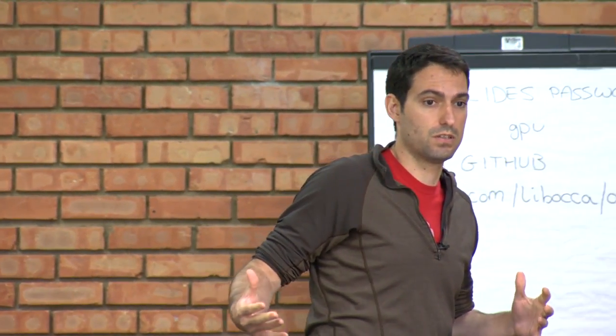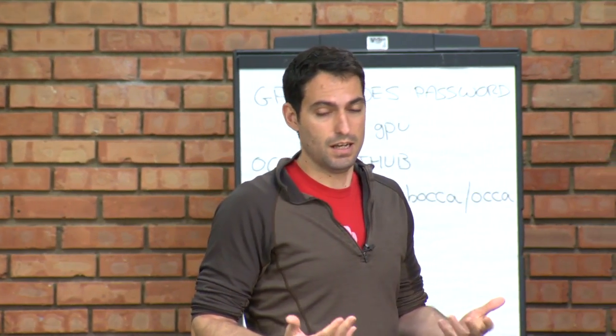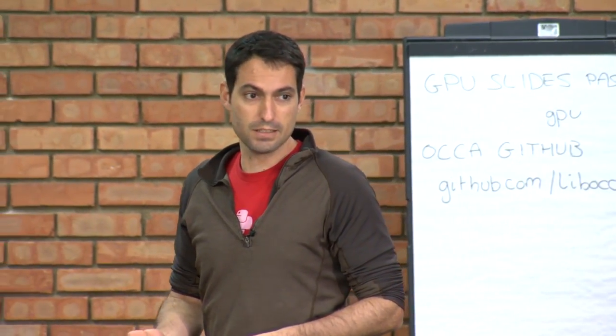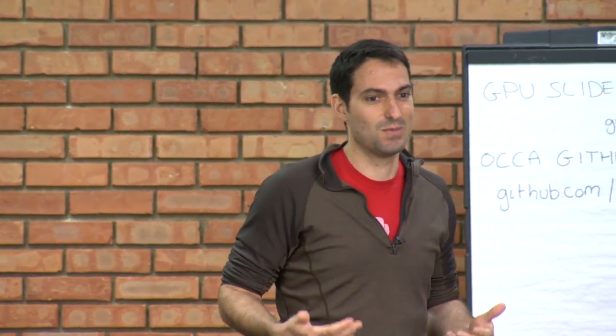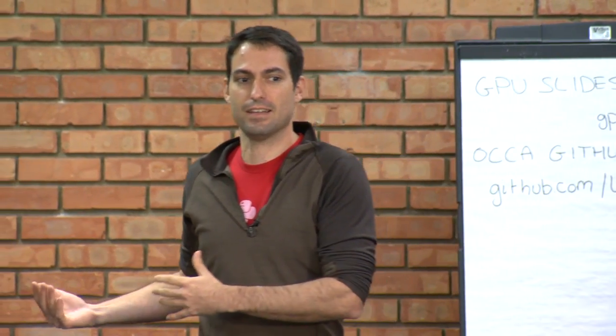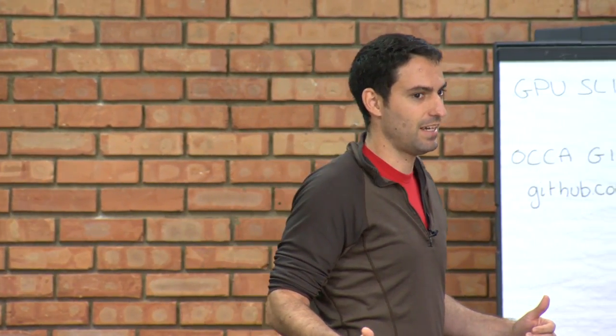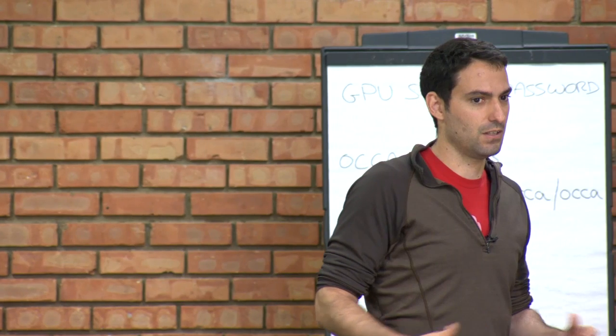NumFocus, which is an open source foundation which promotes the use of Python and these high-level languages, receives large donations annually. I have to be very careful because I'm being recorded. We receive large donations from several companies who are promoting the development of Python and the usage of NumPy and these other tools. Do these companies advertise the fact that they use these tools or disclose that in any way to anybody?